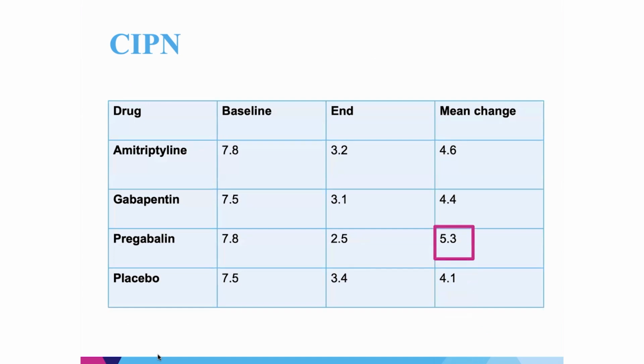The mean change here was 5.3 compared to the others, so it would suggest that it's more effective in a kind of general cancer neuropathic pain where you have cancer pressing on a tumor or invading into a nerve. That pregabalin is probably the agent of choice in that case. As I said, duloxetine was not included in this.